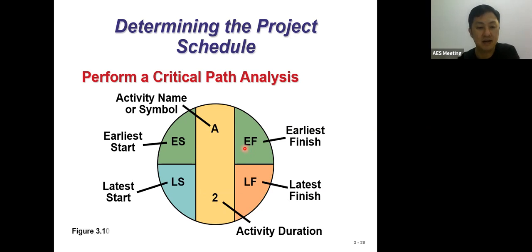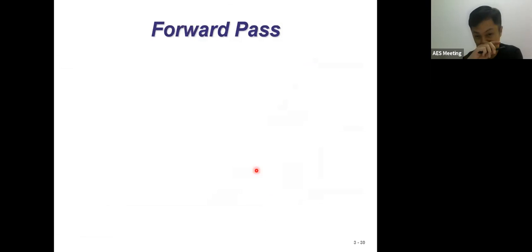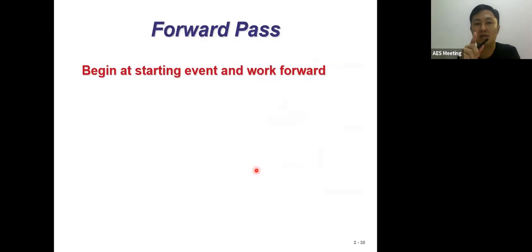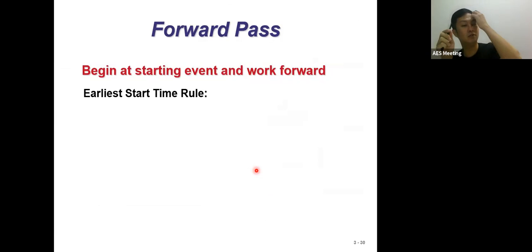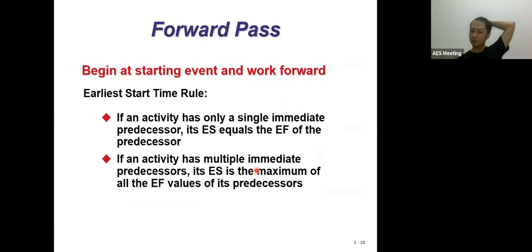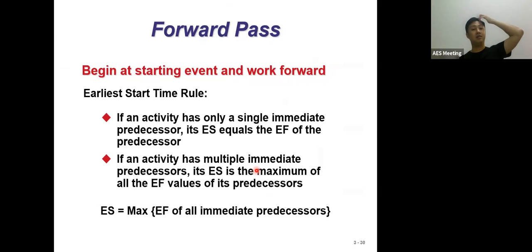Now we have the late start and late finish here, something the same. Late start and late finish are the times you have without any delay. That is what is meant by late start, late finish. Let me show you based on the example. Now, what is meant by the forward pass? In the forward pass, you begin at the start event and work forward.